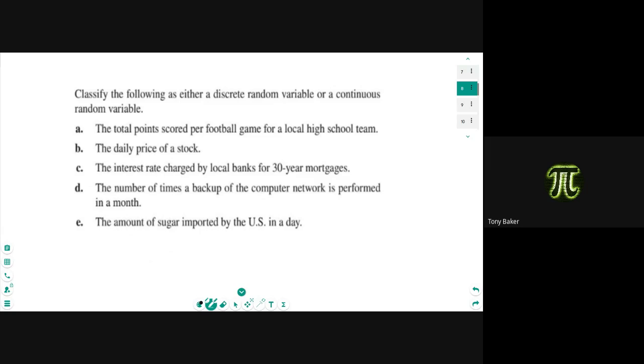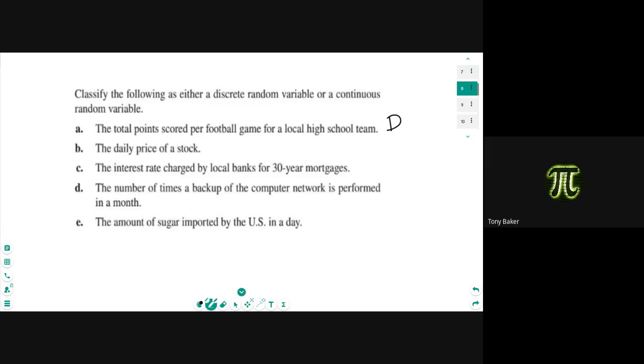But even those, I would say are probably discrete, because typically most of them are halves. So we're going to go with discrete for that one. Something tells me in cricket you can get a half a point, but I'm not sure. I've seen a score with a half.